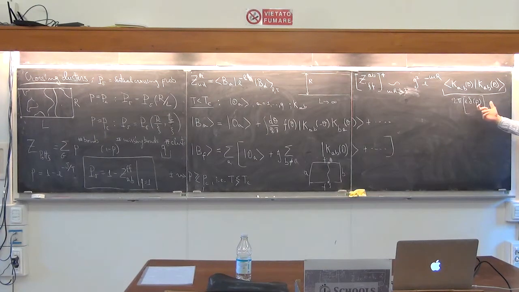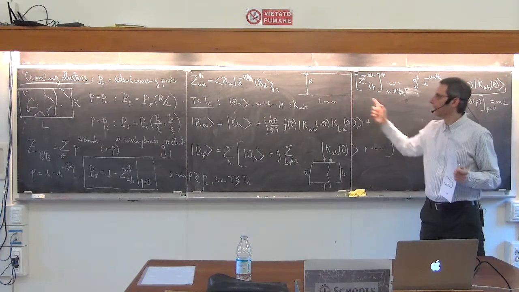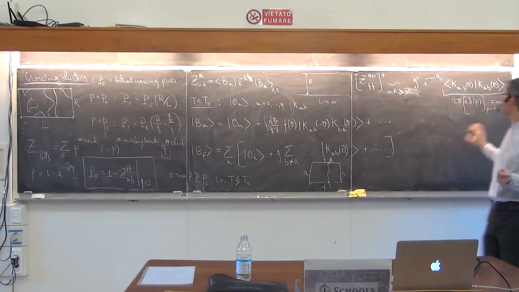So here I use the usual volume regularization for the delta function, and I get here a factor of the mass times the volume, which is L. So I'm regularizing the delta function in this horizontal direction.